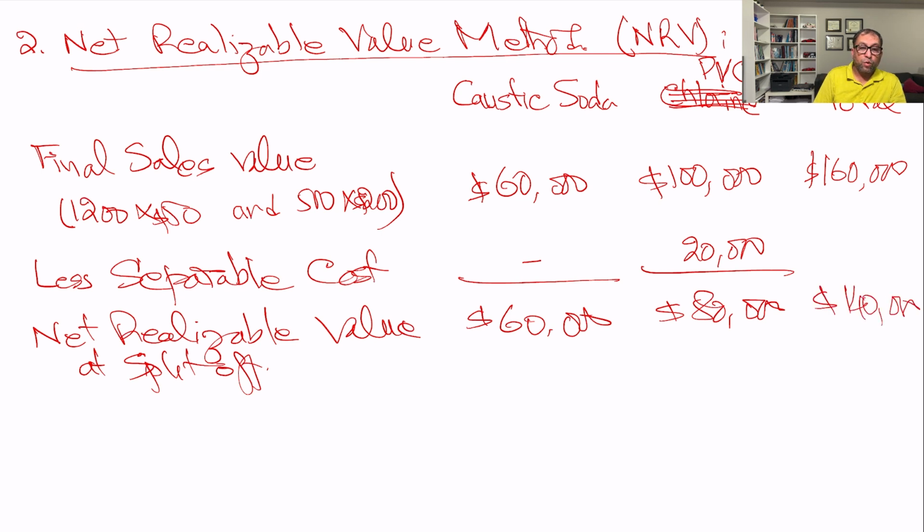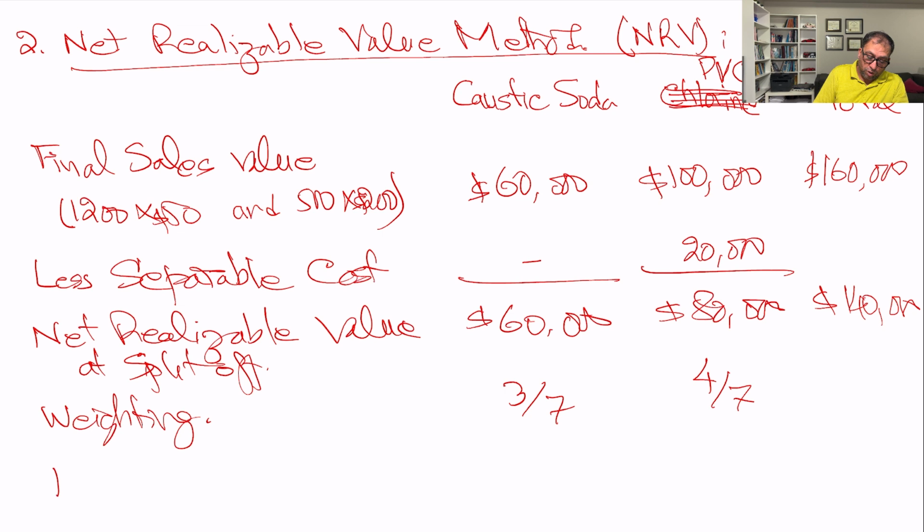So now we want to get the weightings. 60,000 divided by 140 is 3/7, and 80 divided by 140 is 4/7.